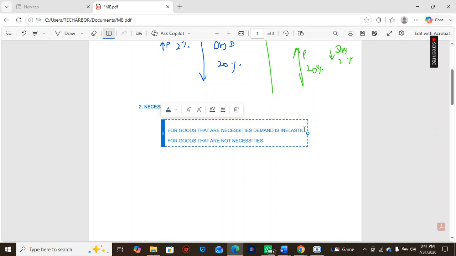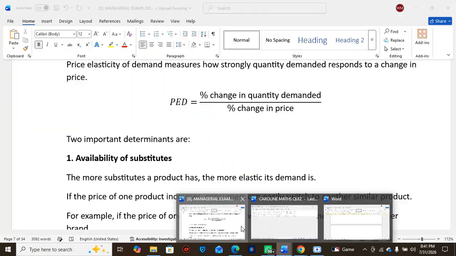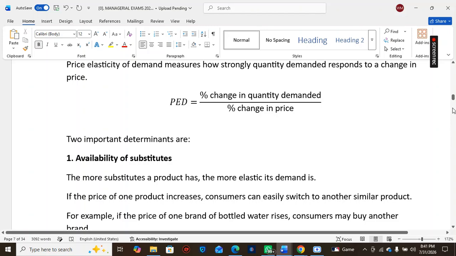Those are not necessities; they are luxuries. So if their price increases, you can do without them. People can live without having a gold chain, or a silver chain. Those are just luxuries. So if the price of those things increases, people can stop buying them because they don't really need them. Colleagues, are we okay with that second point?